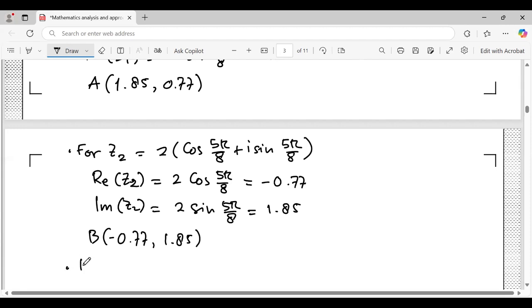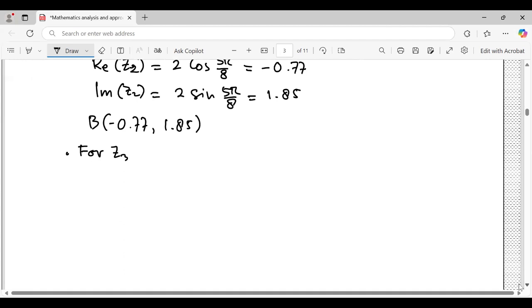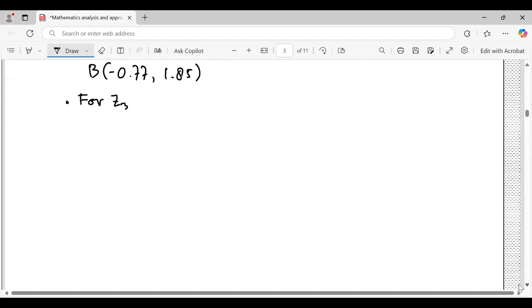Next, for Z3. Okay. For Z3, 2 cosine 9 pi over 8 plus I sine 9 pi over 8.